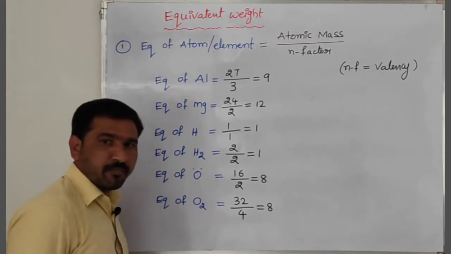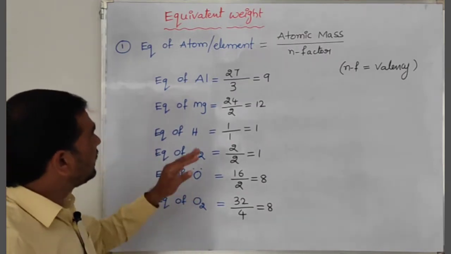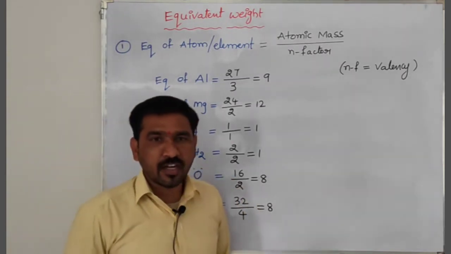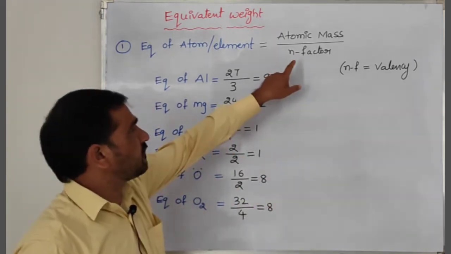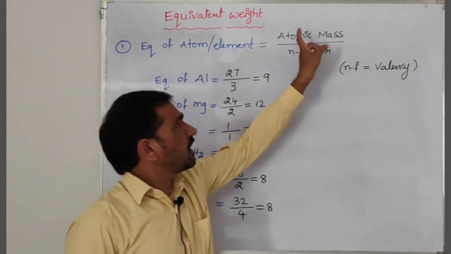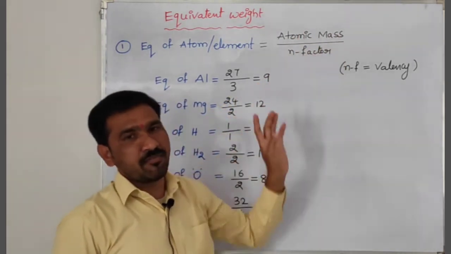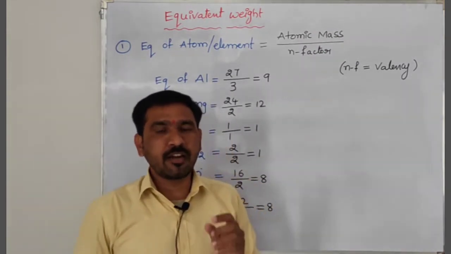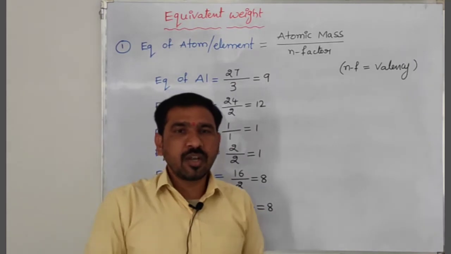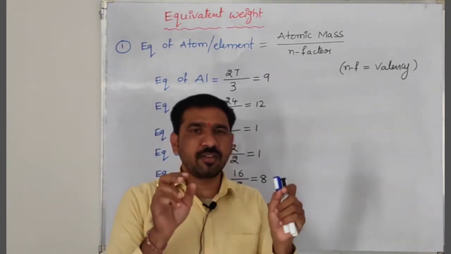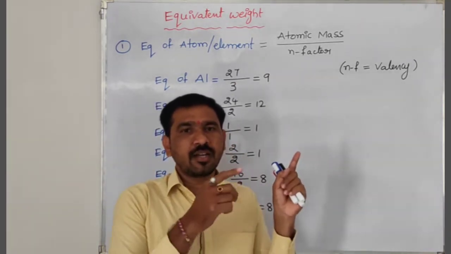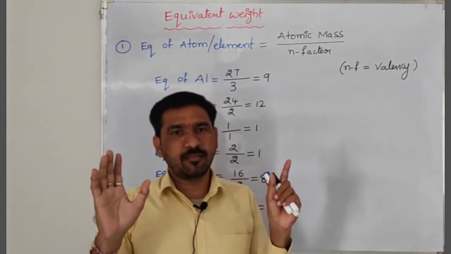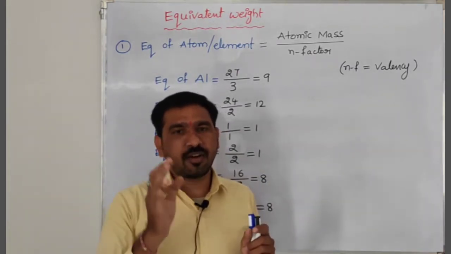Is it clear, beta? So like that, we can calculate the equivalent weight of atom or element using this formula, atomic mass divided by n factor. Better remember, in terms of atom or element, n factor is equal to the number of electrons difference between the test atom and the nearest zero group element.